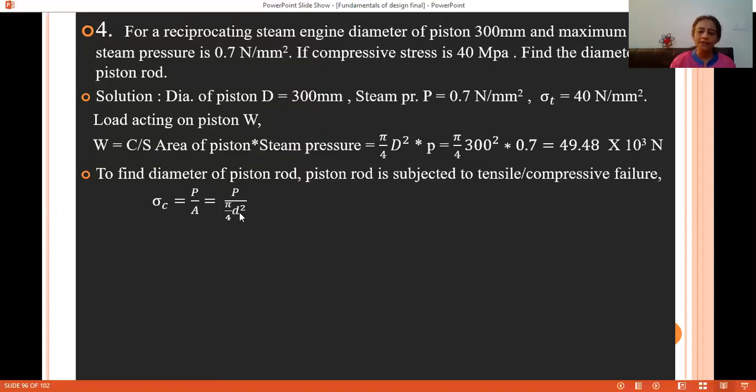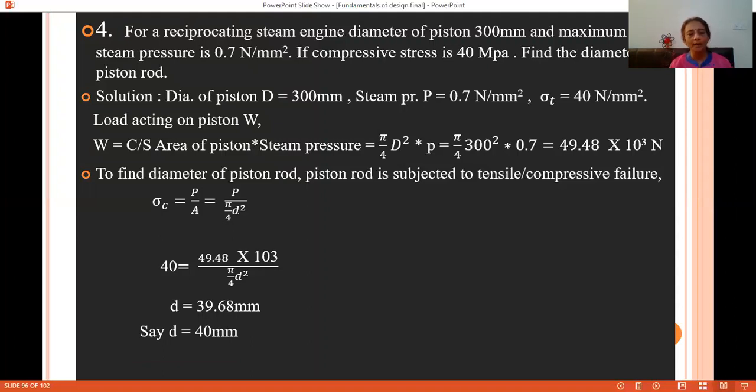So after substituting all the values, the sigma C value, the P value, and pi by 4 is a constant. After rearranging the terms, we find the minimum required diameter of the piston rod as 39.68. So we will take its next higher value. You can take 42 mm, you can take 40 mm, both will be right.